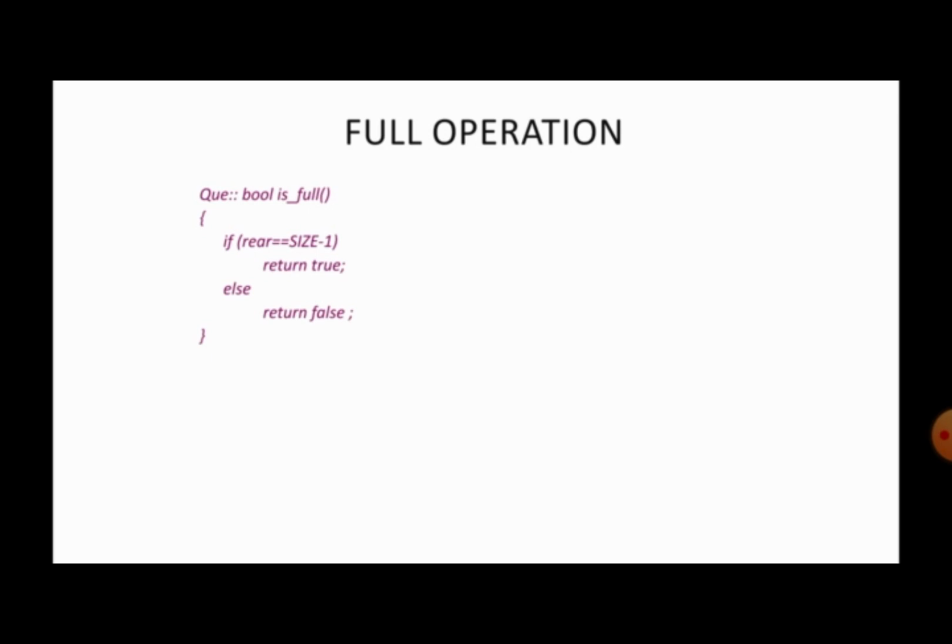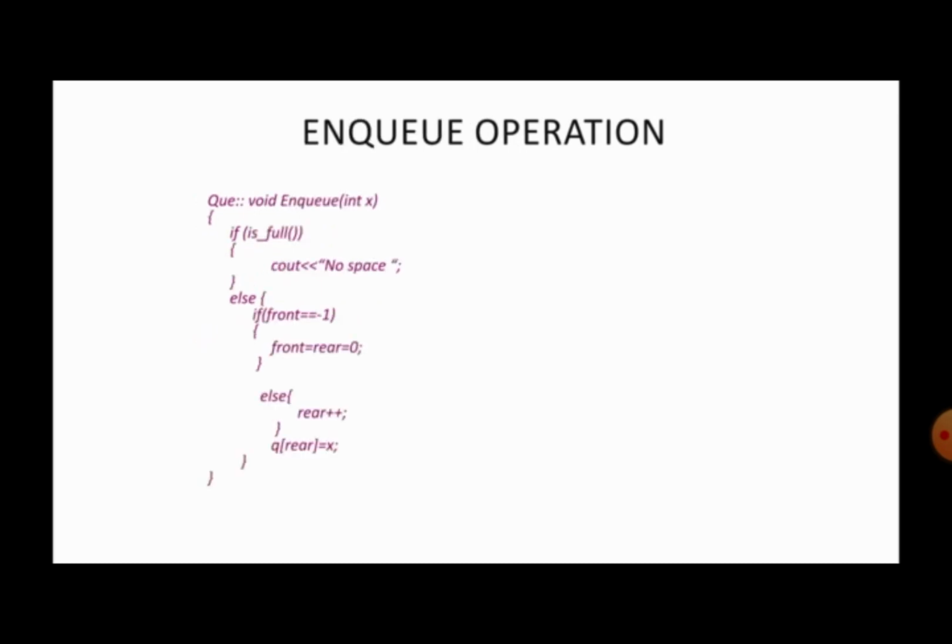So here in the enqueue method, we call the method isFull, which returns a Boolean value. In case it is true, then it will simply display a message that there is no space in the queue.